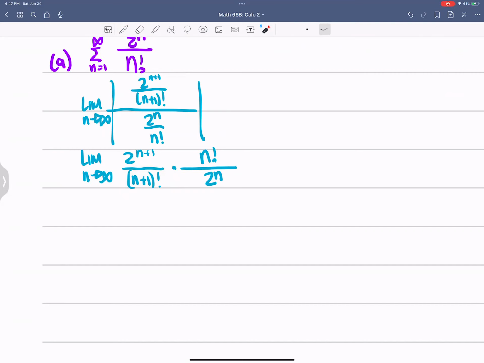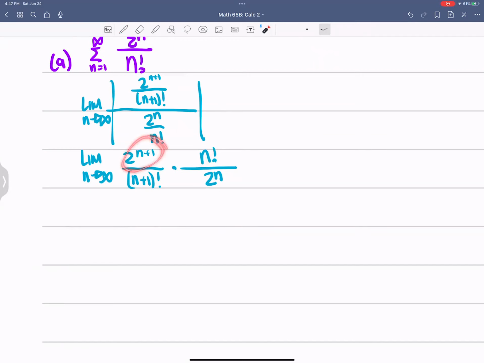Remember, 5 factorial is equal to 5 times 4 times 3 times 2 times 1. So here we have n plus 1 times n times n minus 1 all the way up to 1. We could just leave it as this, stop here, because now we have something that we could divide out.